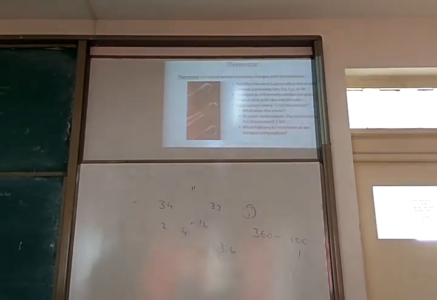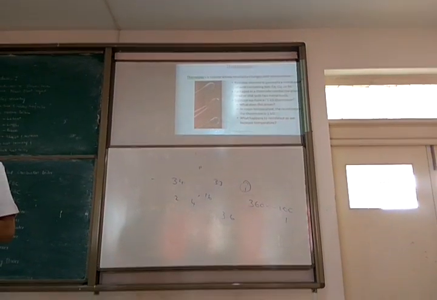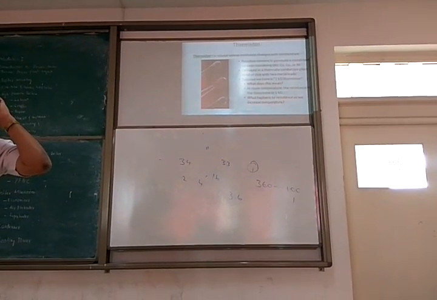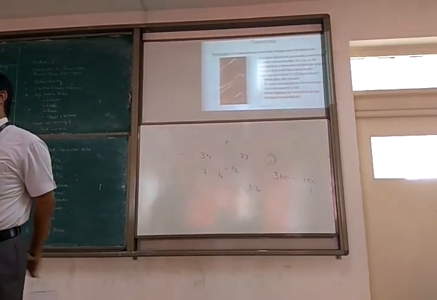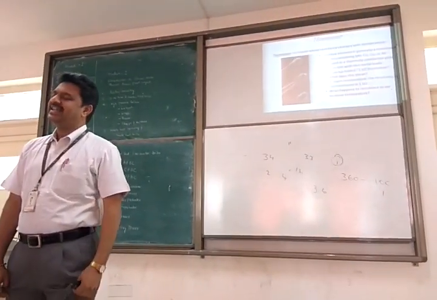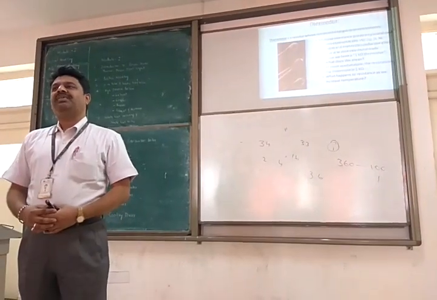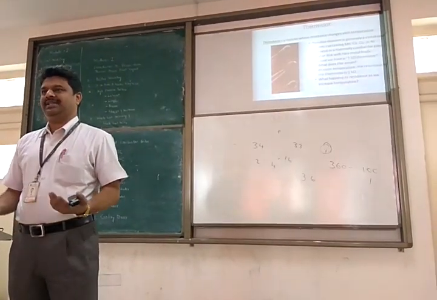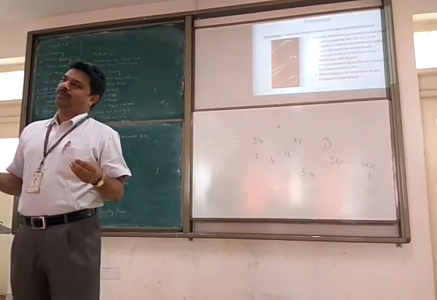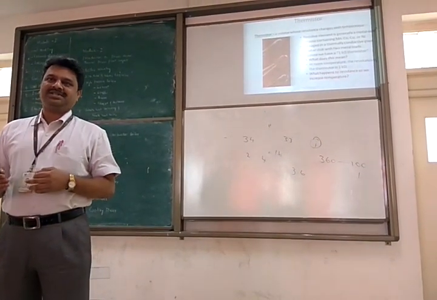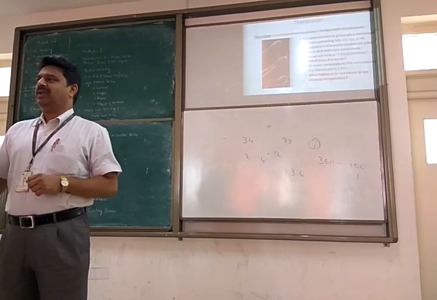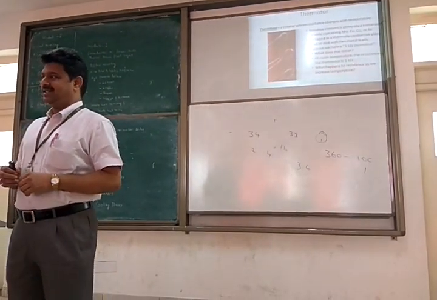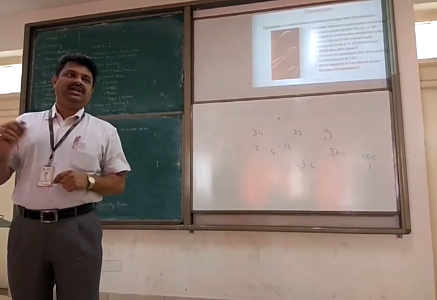What is that circuit name? Wheatstone bridge. Wheatstone bridge is the simplest circuit. Simply 4 resistors are there, and one galvanometer and one power supply. That's all. So, the Wheatstone bridge is the simplest circuit which is used for measuring change in resistance. It is not measuring the resistance, it is measuring change in resistance.